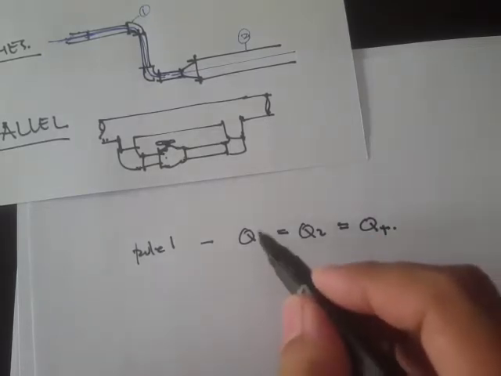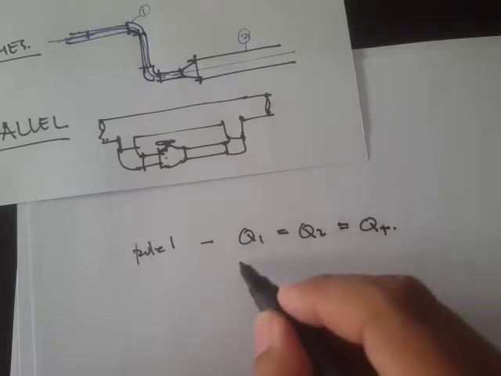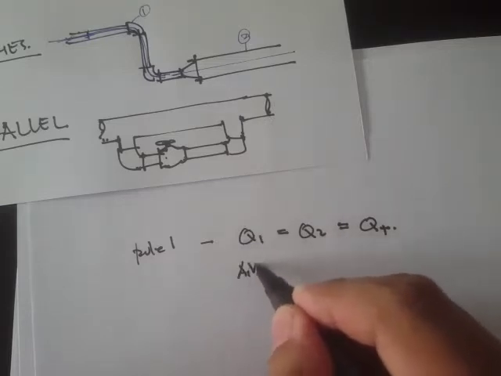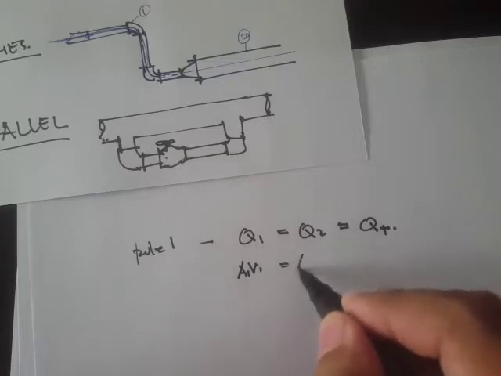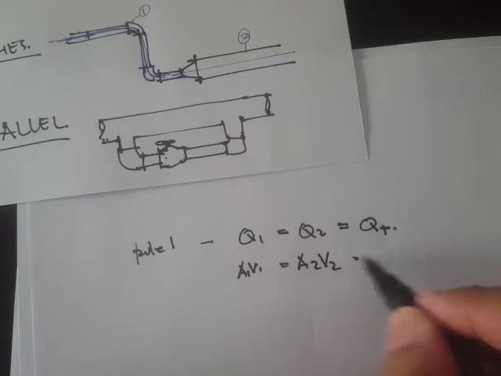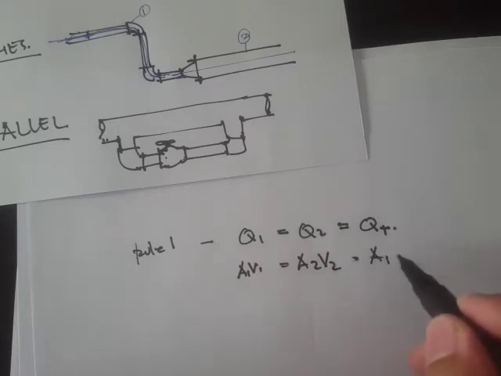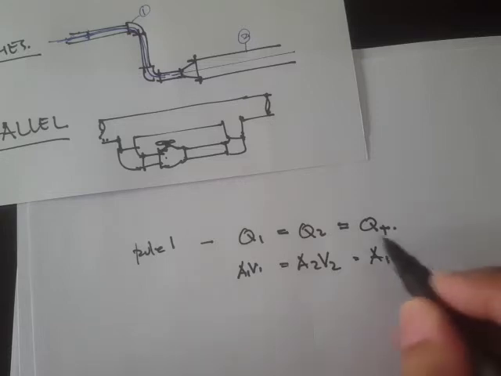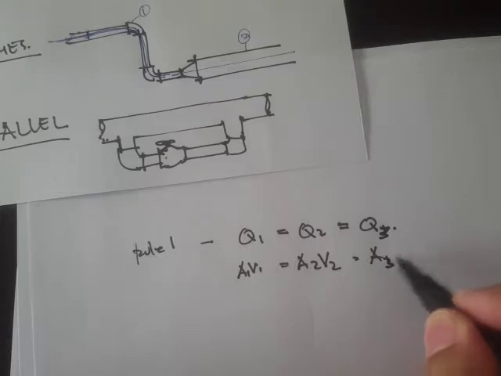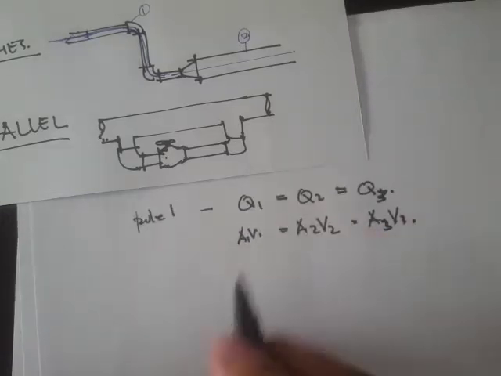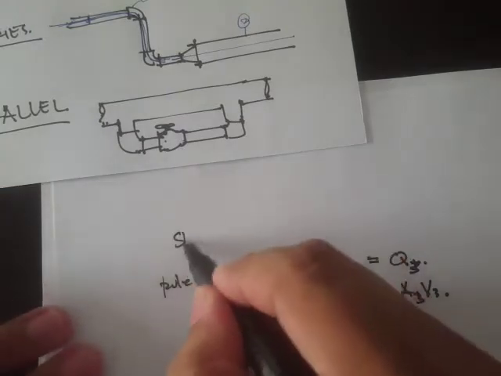Therefore, if this is our flow rate, then our flow rate equation is A1 times velocity 1 is simply area 2 times the velocity at 2, and maybe we can just write 3 right here. Okay, so that's rule number 1 in terms of flow rate for a series.